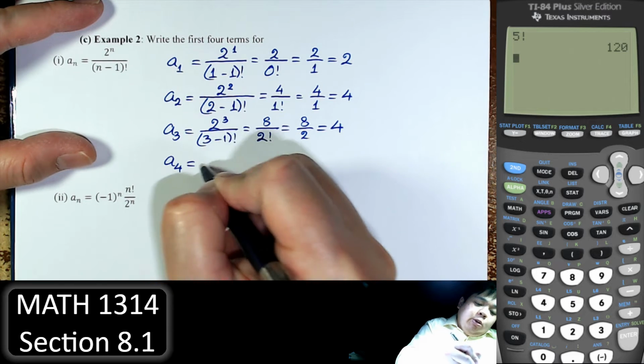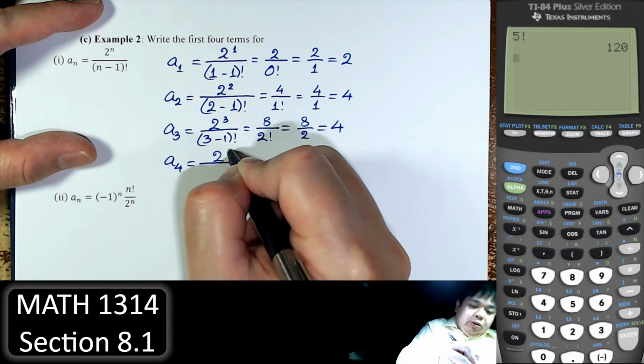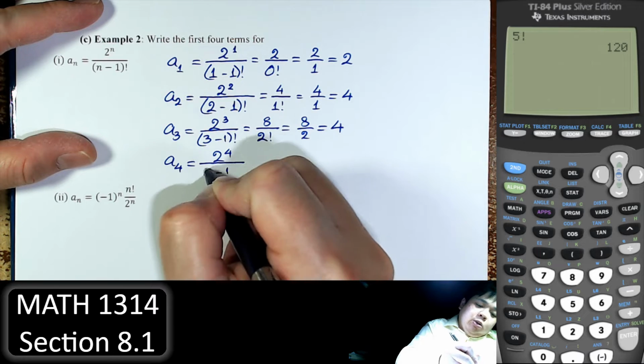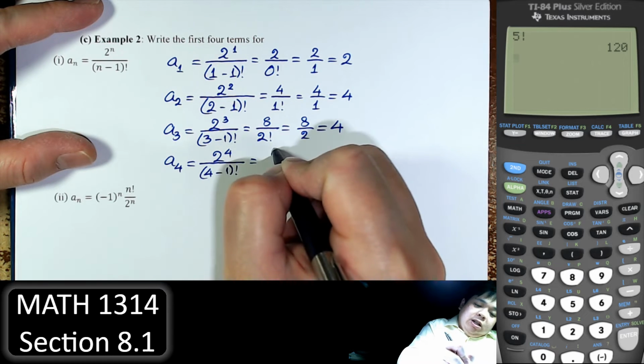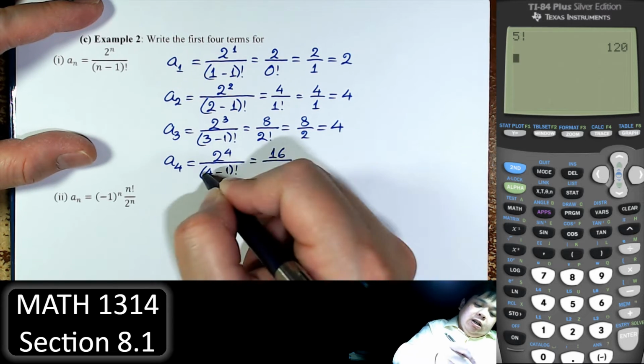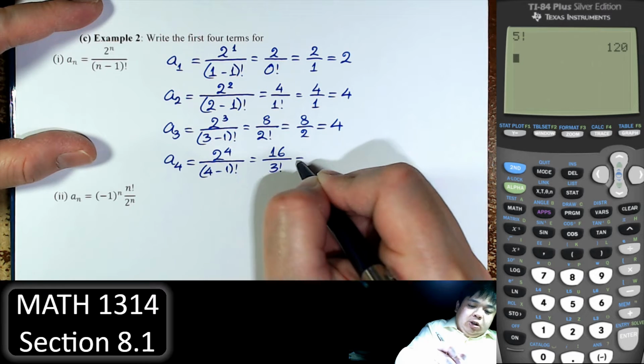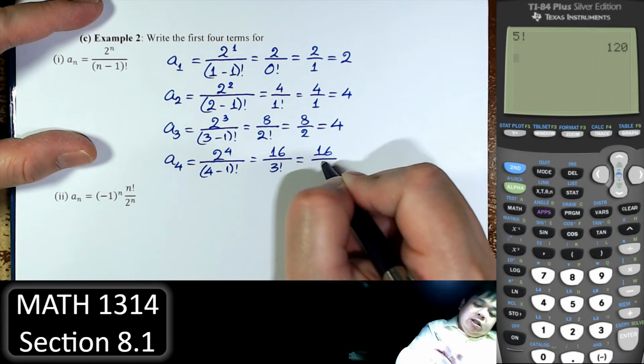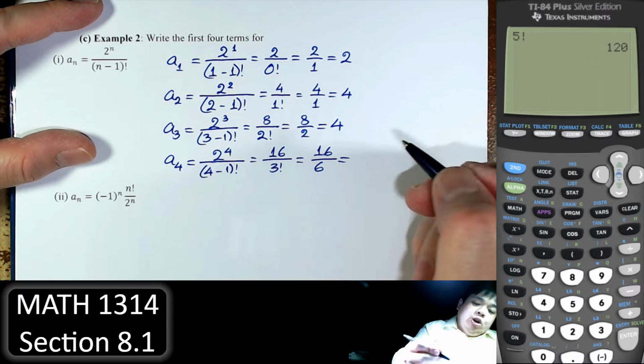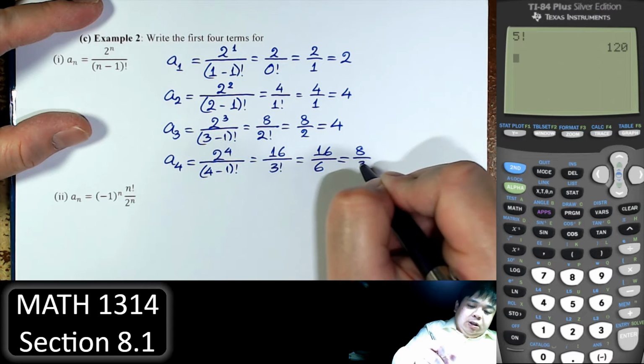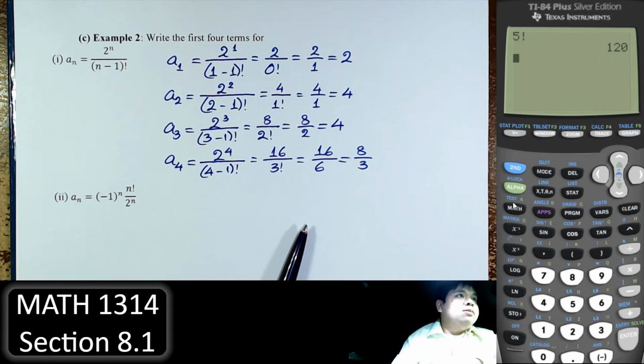A sub 4, 2 to the fourth power over 4 minus 1 factorial. So that's 16 over 3 factorial. 3 factorial is 6. Reduced by 2, right?